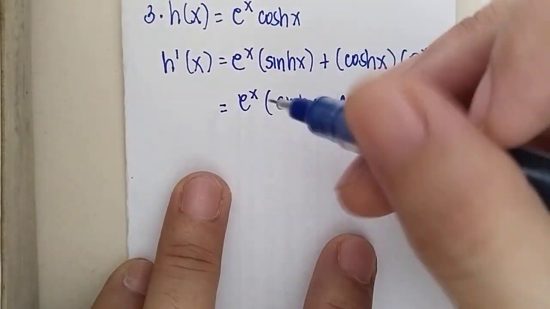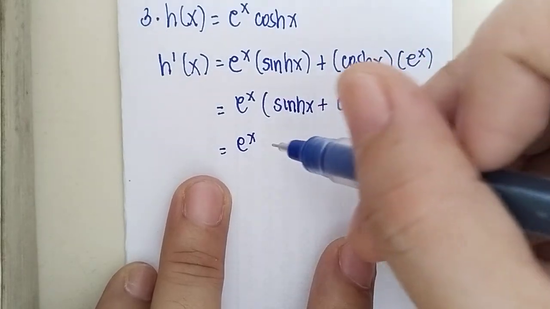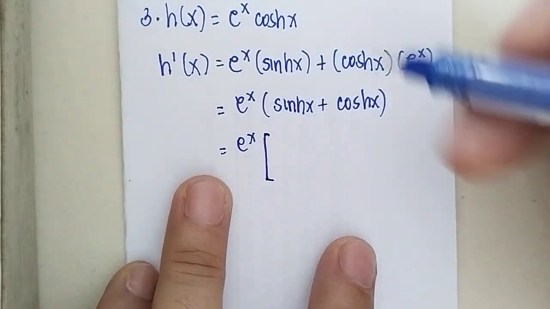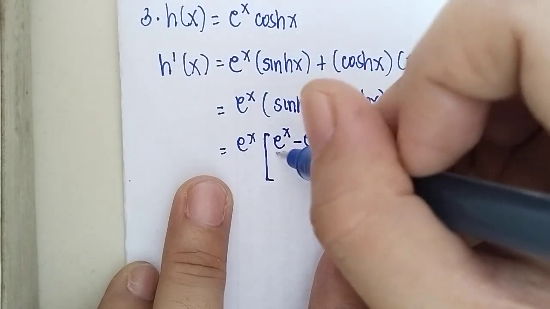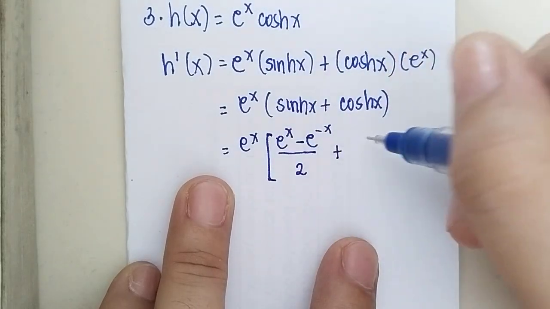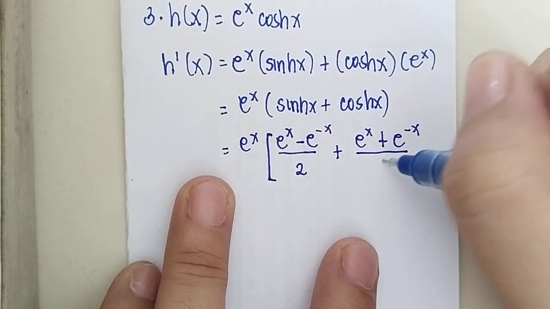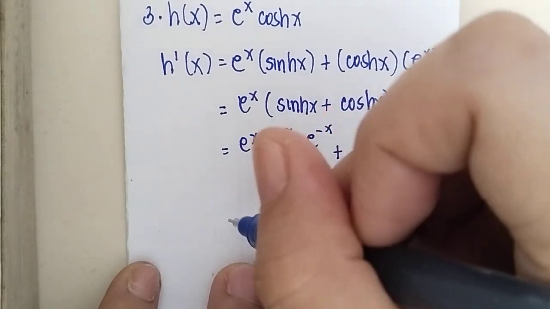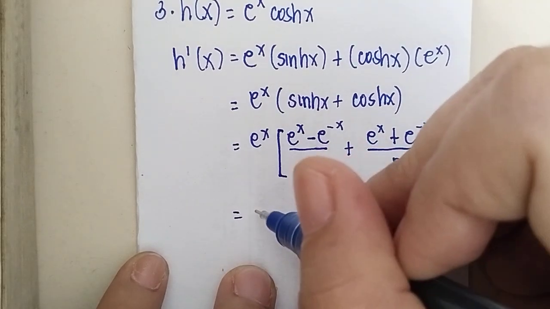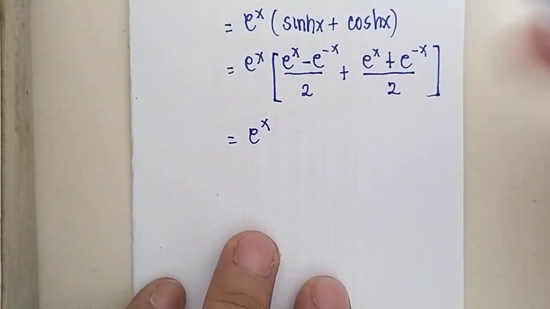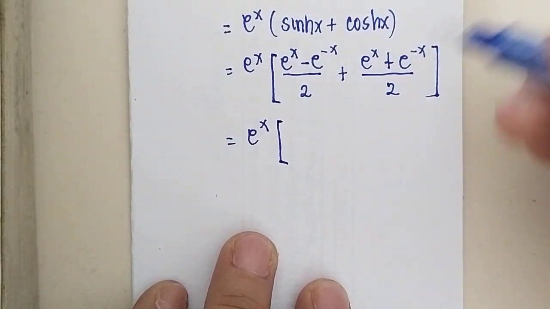Then, of course, you still have to recall their equivalents. The equivalent of hyperbolic sine is e raised to x minus e raised to negative x all over 2. And this, e raised to x plus e raised to negative x all over 2. So, you also need to recall their equivalents. Now, we can combine them because they have the same denominator.